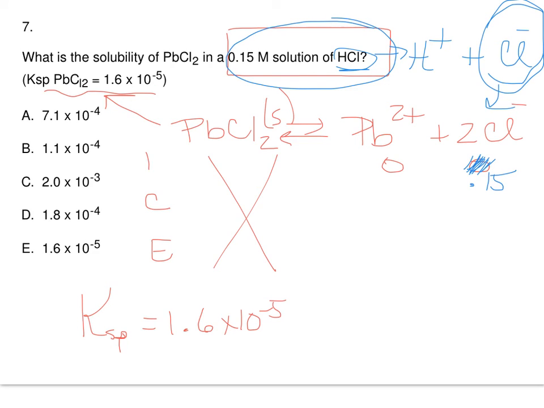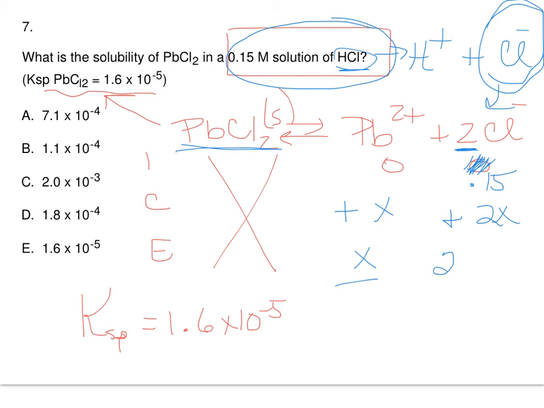All right, then the change you're going to get is some buildup of x from the lead chloride dissolving. It would be 2x for the chloride, okay? And so you add everything together. So your equilibrium concentration of lead ion is x.